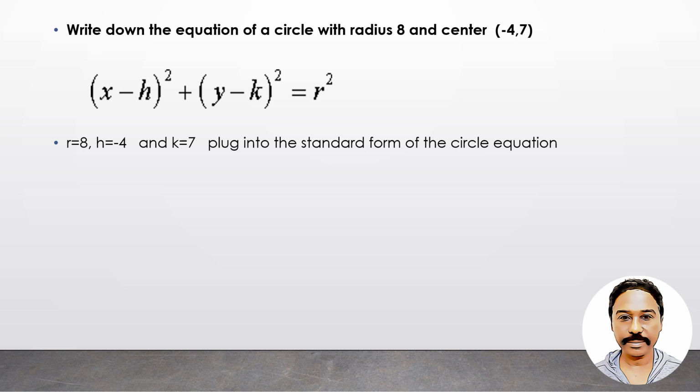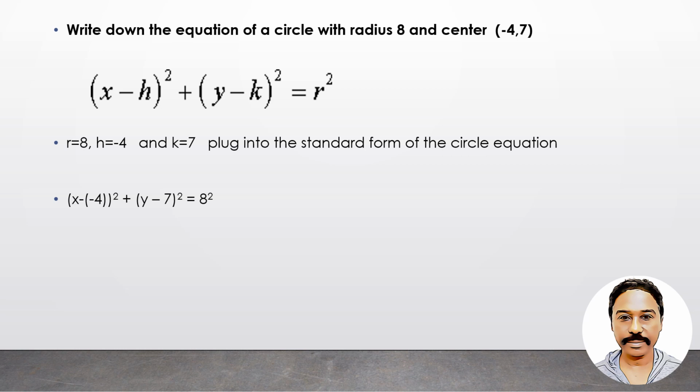So we'll have (x minus minus 4) and everything is squared. And please take care of the sign, so you have to put it between brackets like that. You can see this x minus minus 4, which will give us x plus 4, and then the square here is for the whole term, (x plus 4) squared, plus (y minus 7), and you see that we have replaced k with the value 7, which is the y coordinate of the center point.